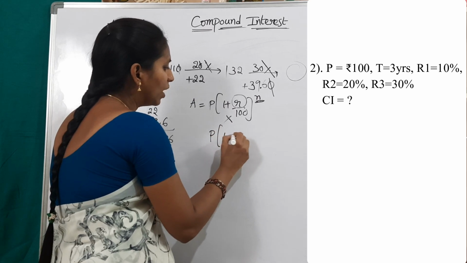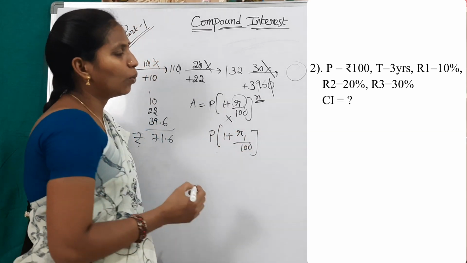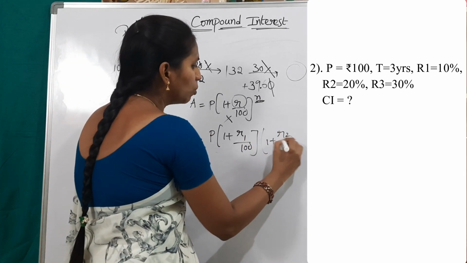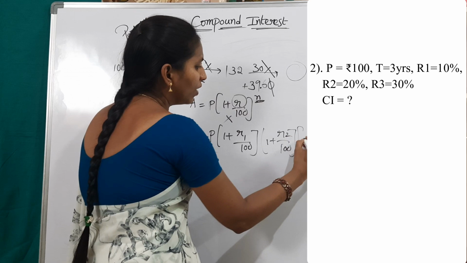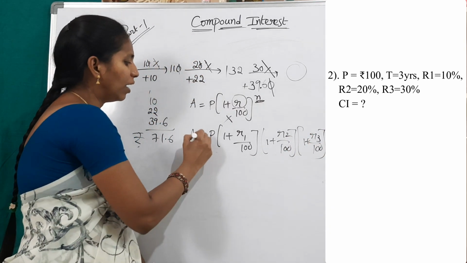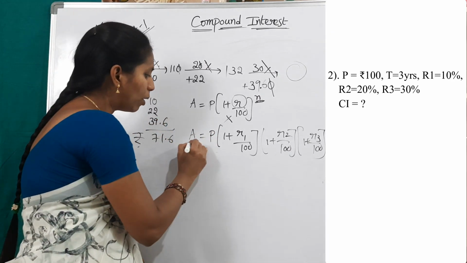P into 1 plus R1 by 100, here what is R1? 10 percentage, into 1 plus R2 by 100 into 1 plus R3 by 100. This is the actual formula to find amount, not compound interest, to find amount.